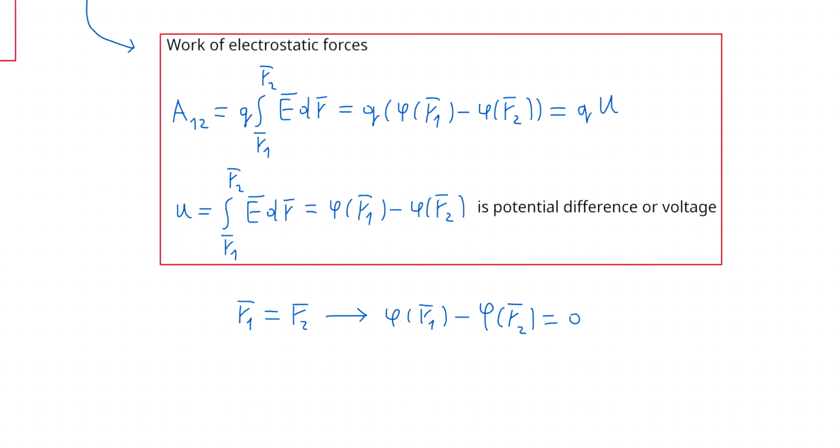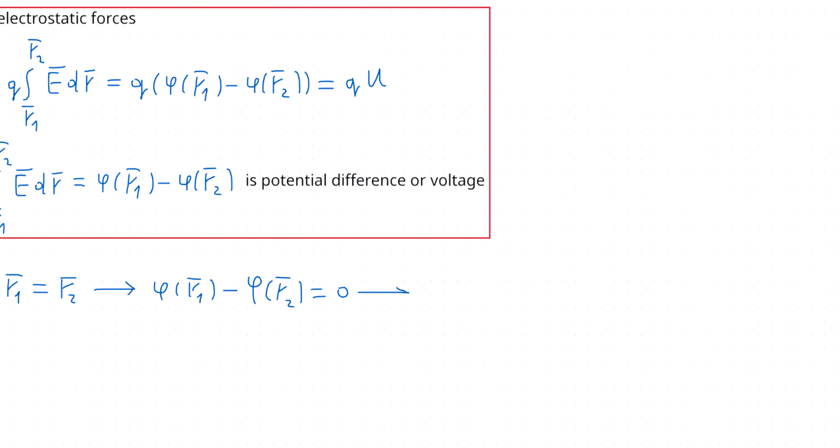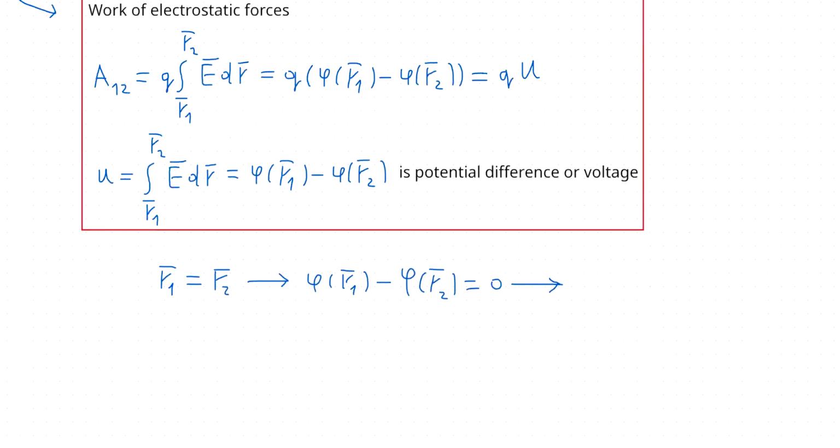And from here we have that the linear integral along the closed trajectory, which may be written as an integral with this circle, is always equal to 0.